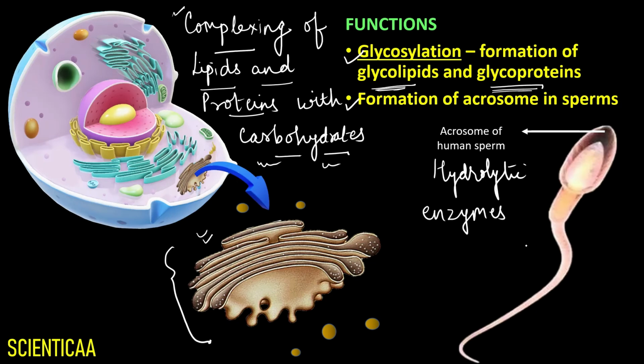And these hydrolytic enzymes are responsible for digesting the protective covering of the egg. So, the acrosome is also formed by this Golgi complex. After the formation of the acrosome, however, the Golgi complex degenerates.